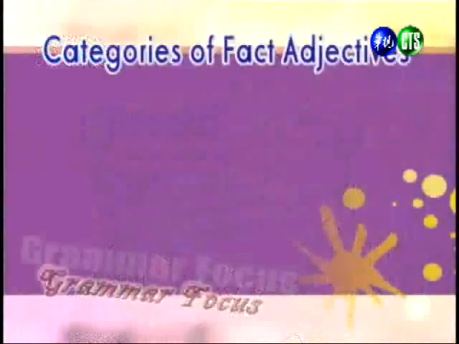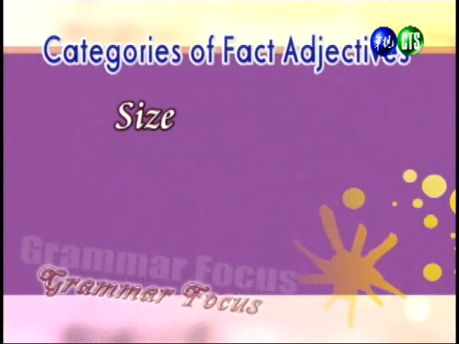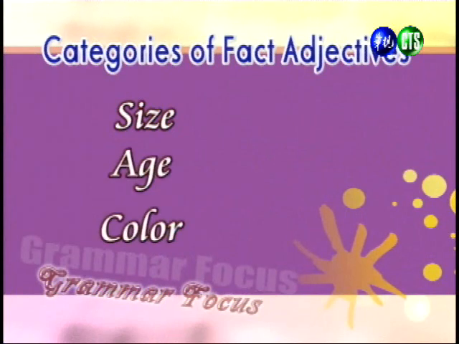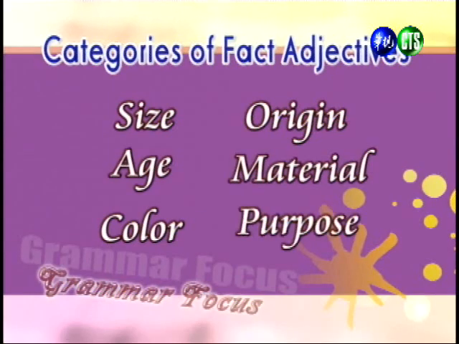All right, now let's talk about fact adjectives. And so fact adjectives are these kind of adjectives that are related to something that you can measure more objectively. 好，事实形容词呢，则是具有一些可以被客观的衡量的一些特质。And we can divide fact adjectives into many different categories. 好，我们可以把事实形容词呢分成以下的几个种类。And these categories are size, 大小, age, 年龄, color, 颜色, origin, 来源, material, 成分, and purpose, 用途.